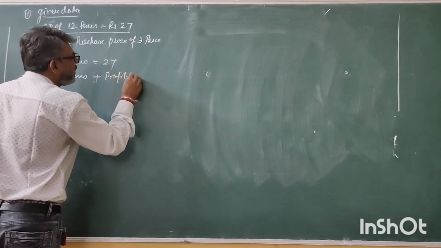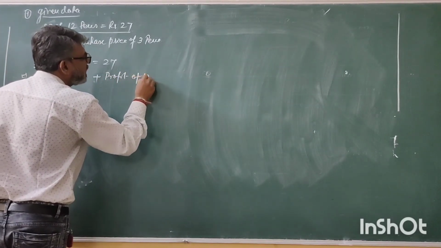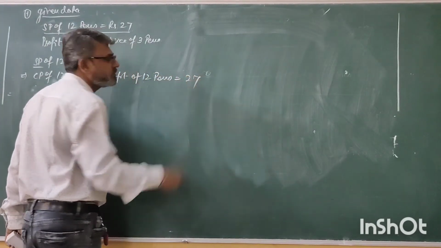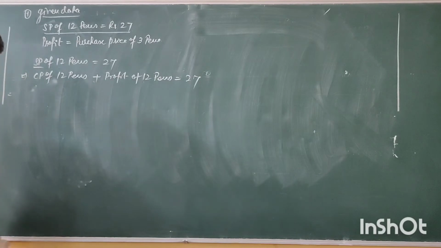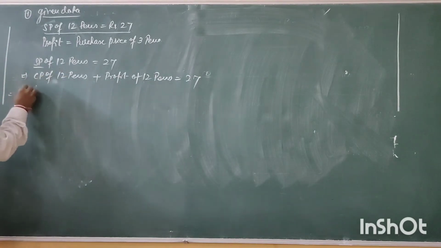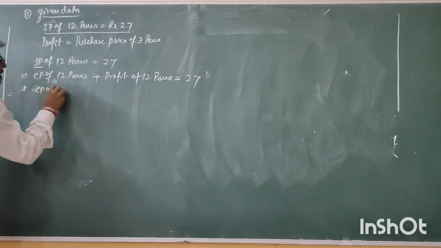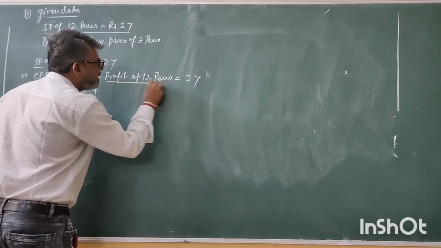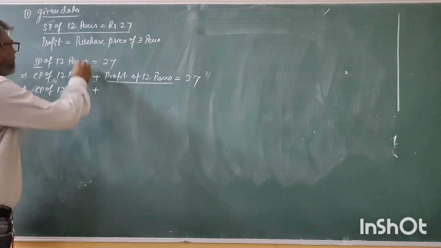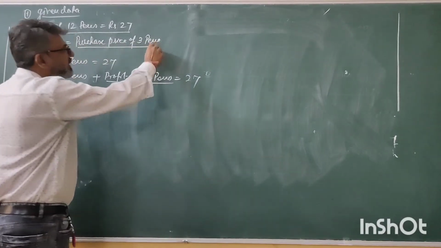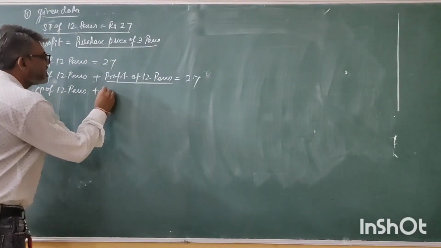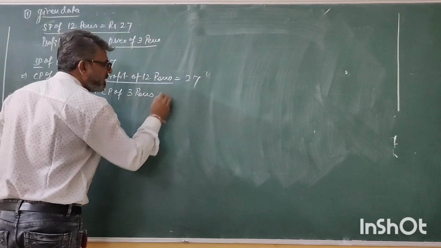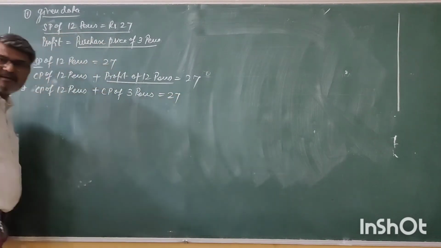profit of 12 pens is equal to rupees 27. It is clear? It is very simple. Therefore, CP of 12 pens plus what is the profit of 12 pens? It is also known as purchase price of 3 pens. That means CP of 3 pens is equal to 27.